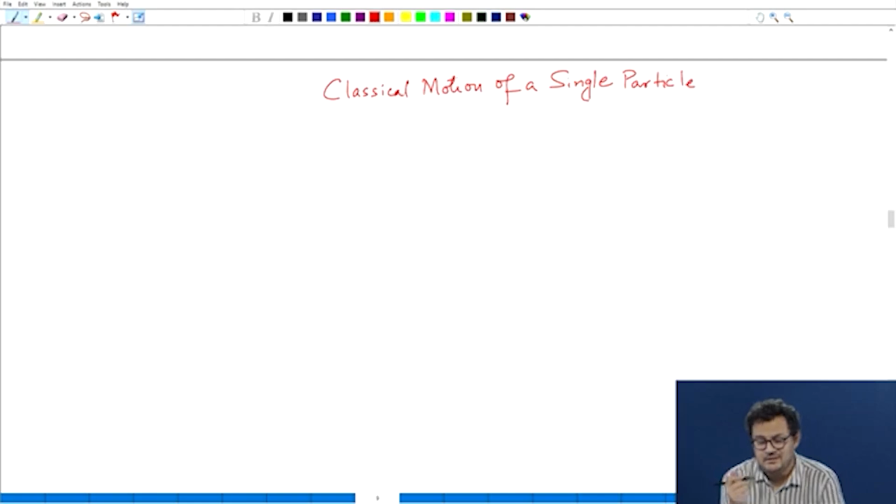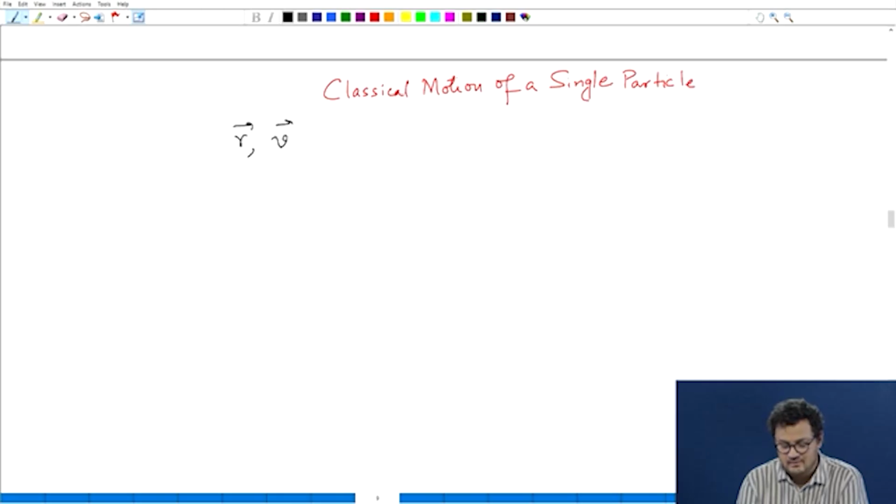Then we said that the basic equations are given by Newton's laws, and if you write Newton's laws in a smarter way, then you can actually see that in classical mechanics you have two dynamical variables. One is the position, another is the velocity.